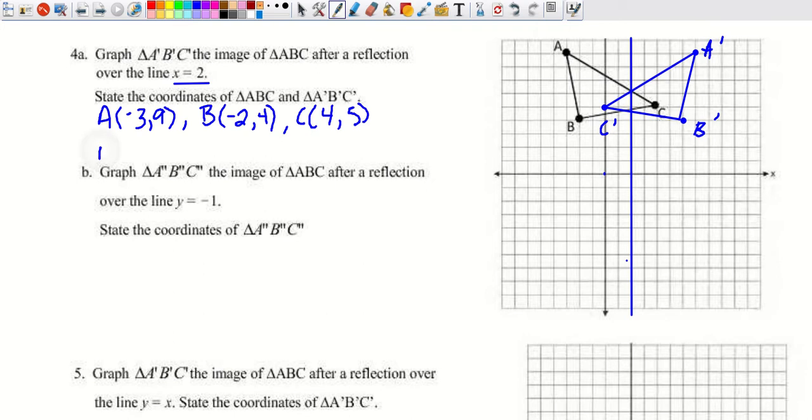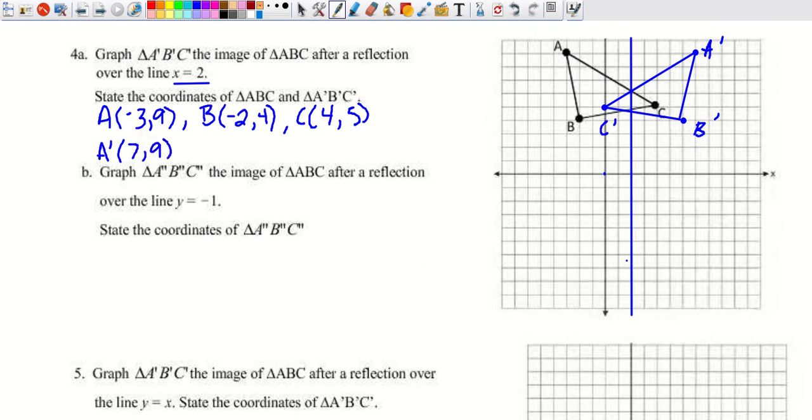So for A prime, there isn't really a rule for this, so just keep that in mind. I guess you could say it's reflected over the line, so it's like you add to whatever number it was, but it's 1, 2, 3, 4, 5, 6, 7. So you kind of add 4 there, and then 1, and then 9 again. So the x value is changing.